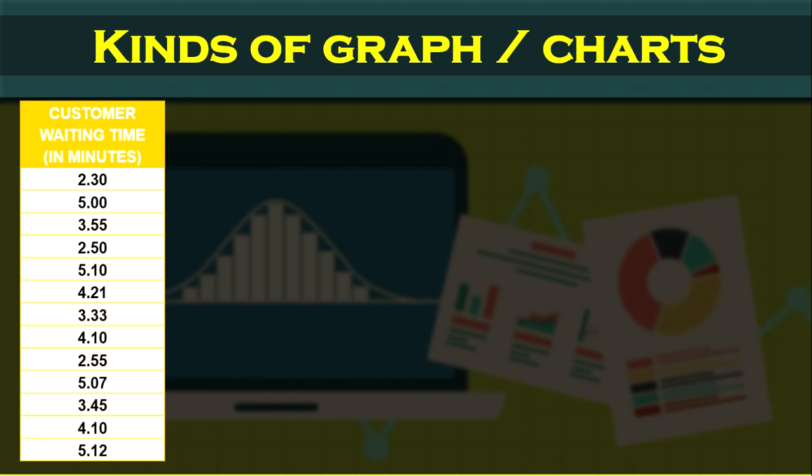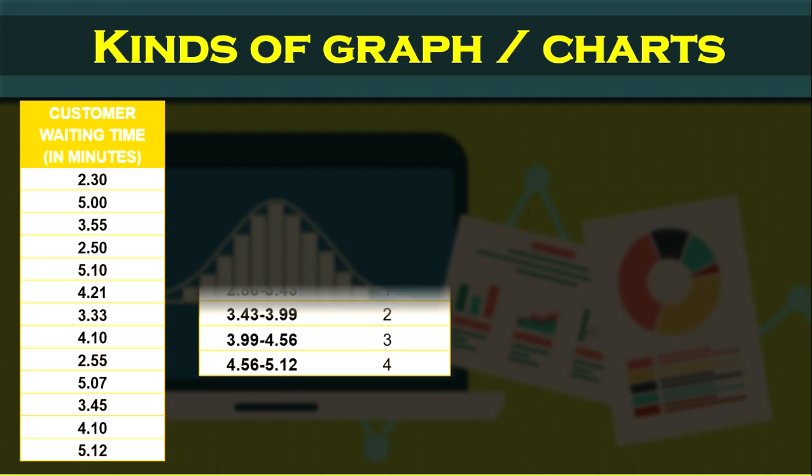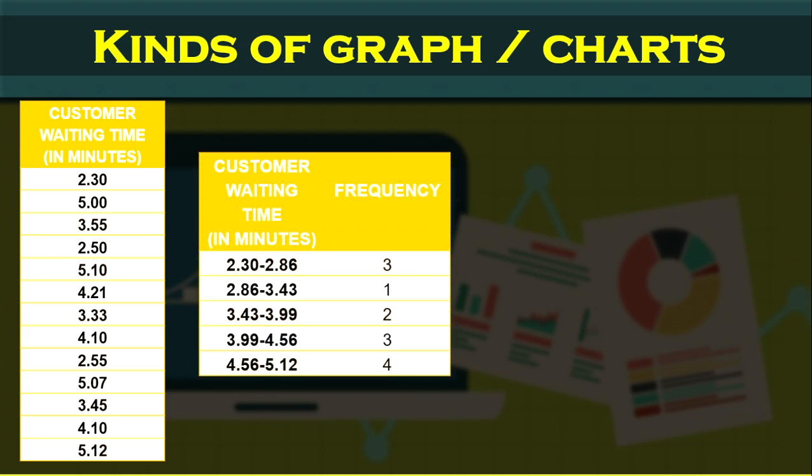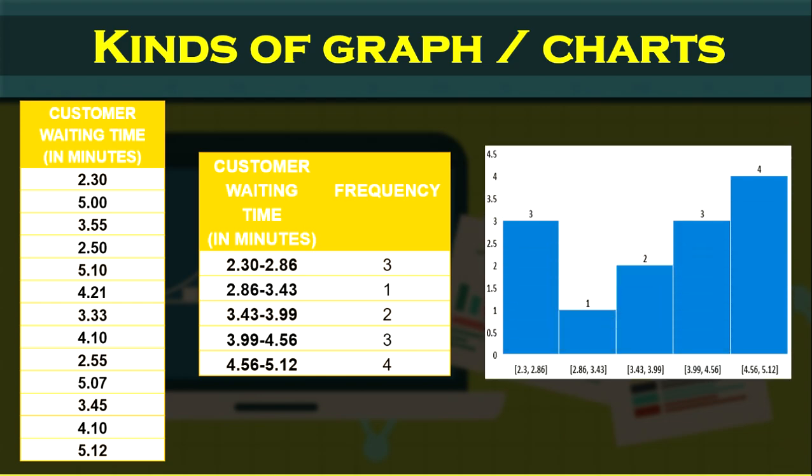If you're going to create a histogram, take note that you should have its interval, the frequency distribution table, and then from that you can create your histogram. As you notice, it's continuous. There are no spaces between bars here. That's the difference between the histogram and the bar graph.